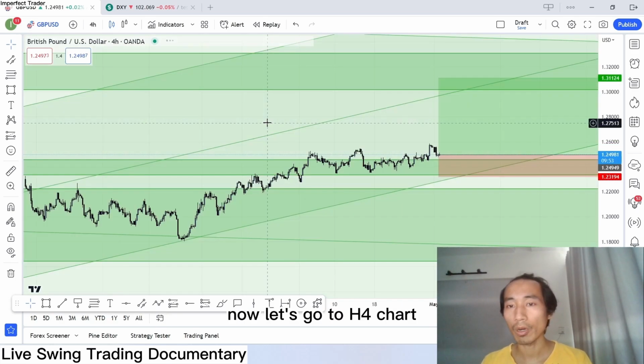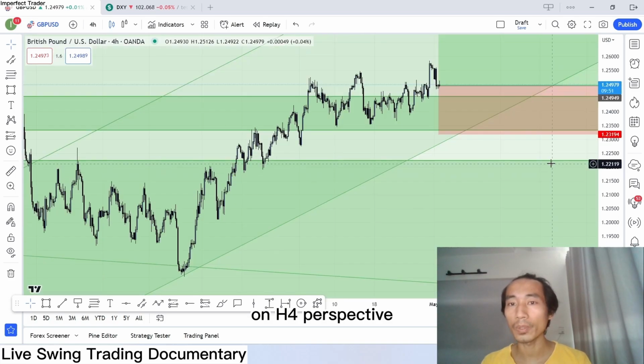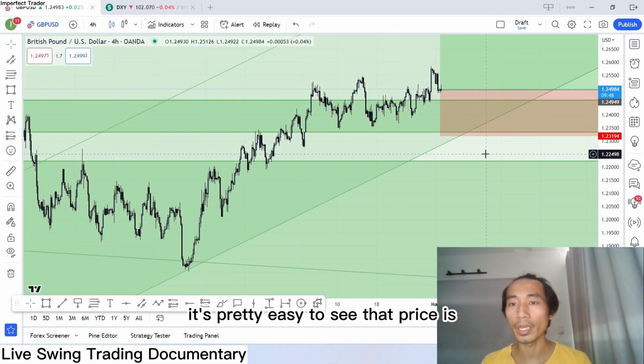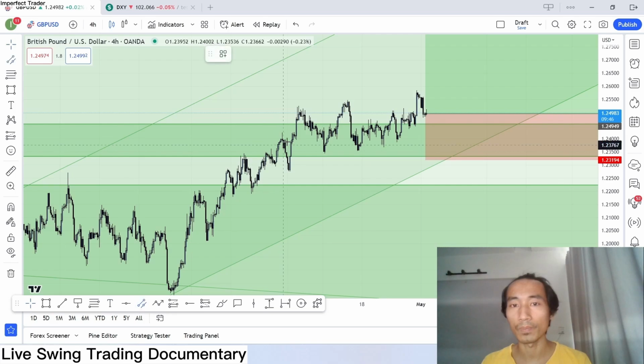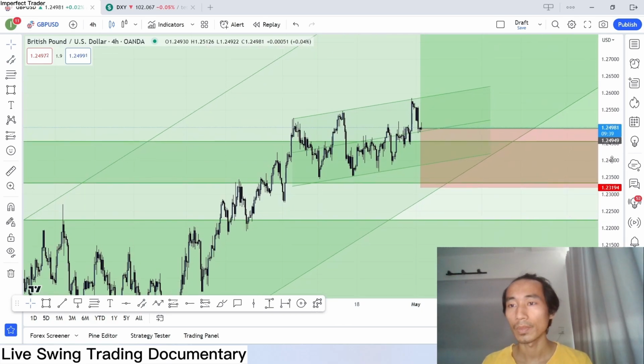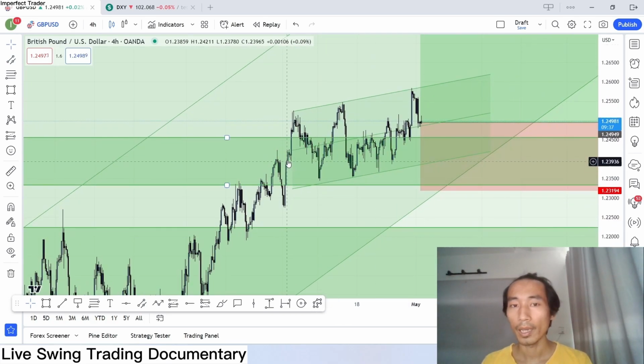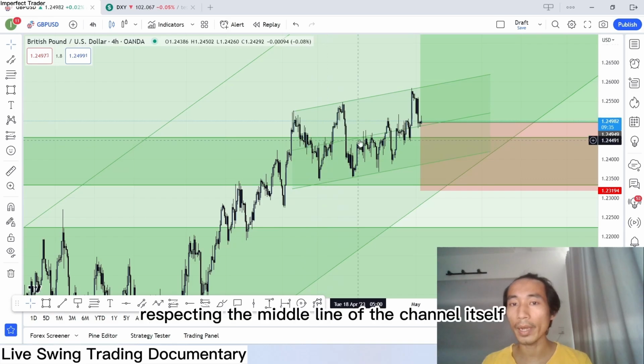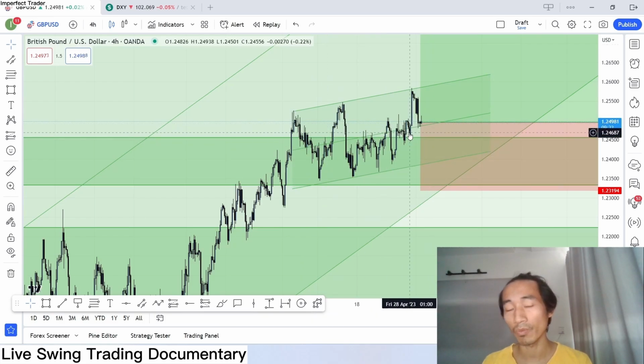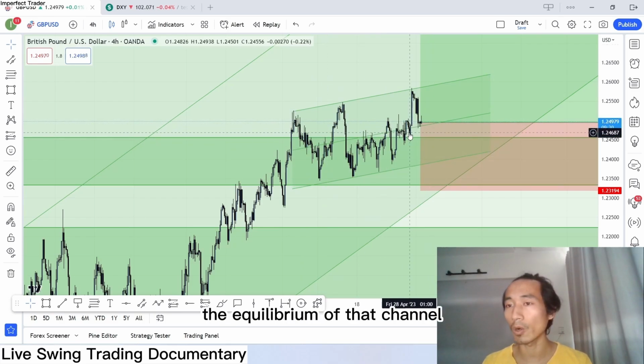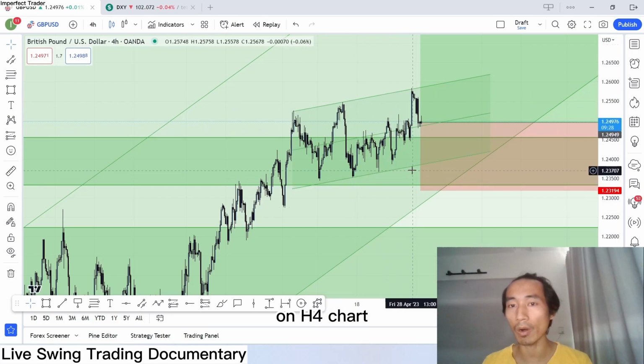Now let's go to the 4-hour chart. From the 4-hour perspective, it's pretty easy to see that price is going like this. You can see how price is respecting the middle line of the channel itself. For me, that is a fair price, the equilibrium of that channel on the 4-hour chart.